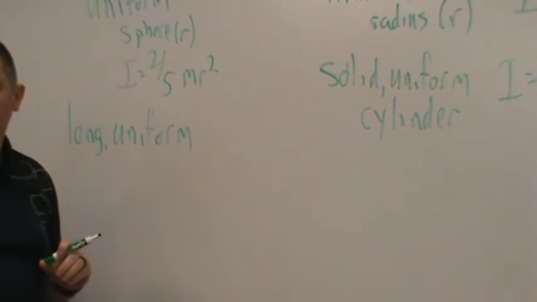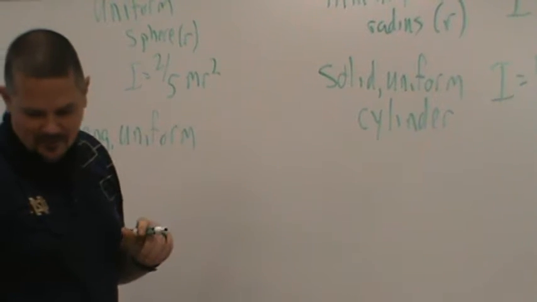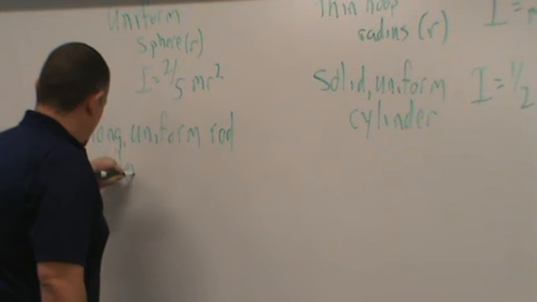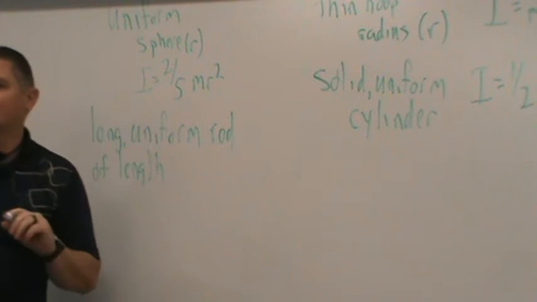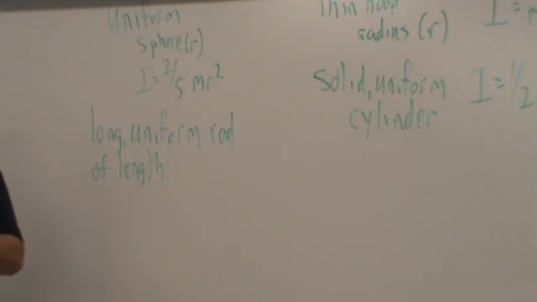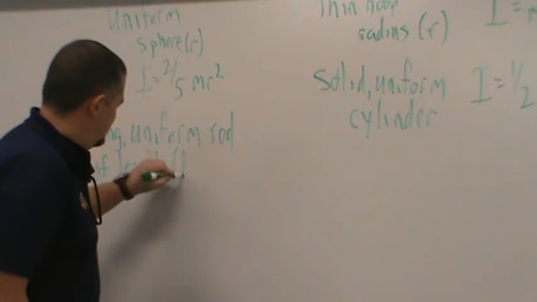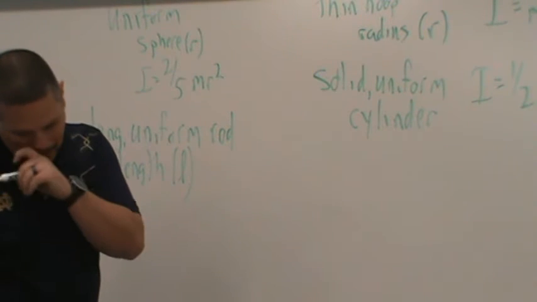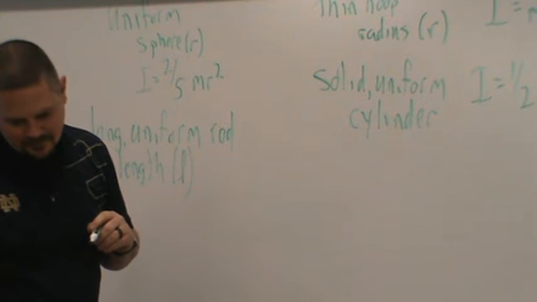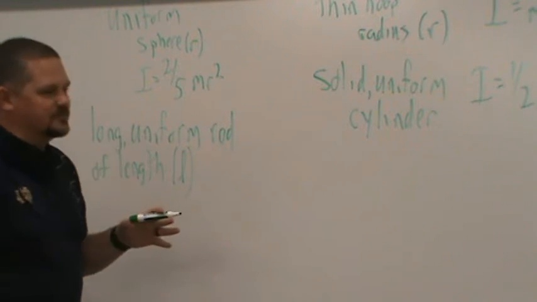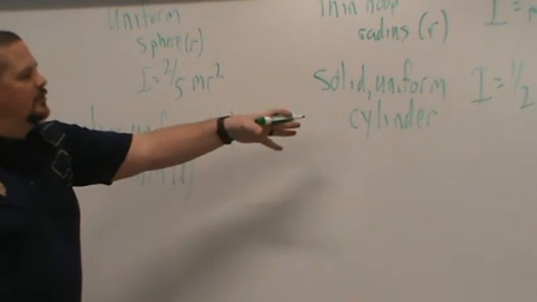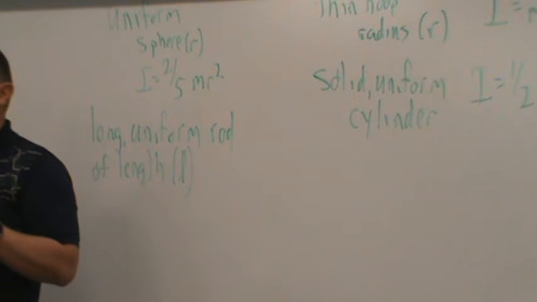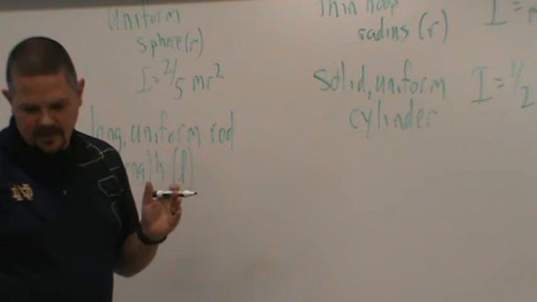Next one is a long, uniform rod of length. Instead of having R, we're going to be using L. With the hoop, the cylinder, and the sphere, the axis of rotation goes right through the center.